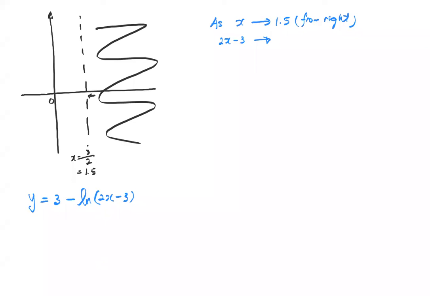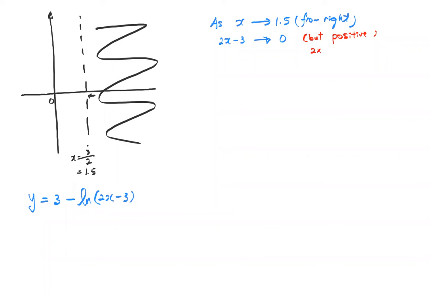2x minus 3 will approach what? Okay, 0. Agree? But it's still positive. Am I right? So you have to take note: 0 but positive. Correct? So you give yourself an example if you can.